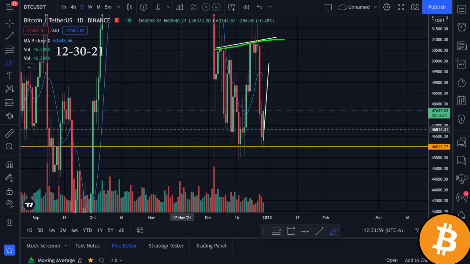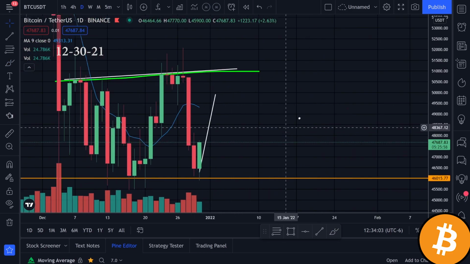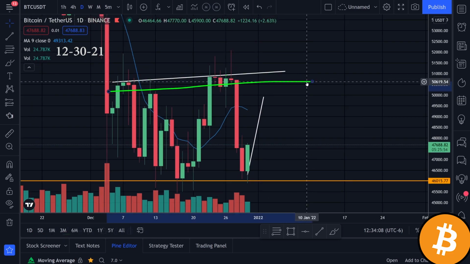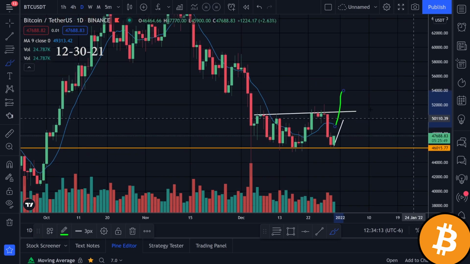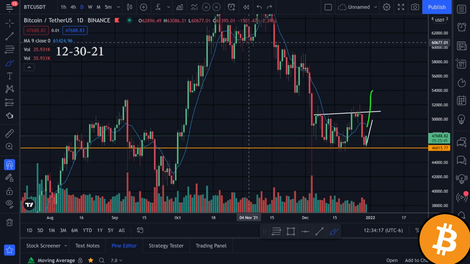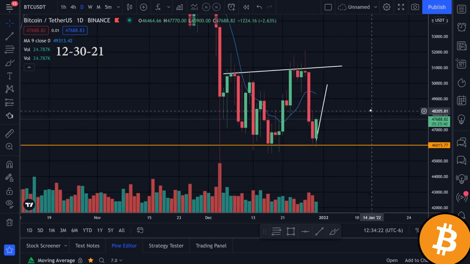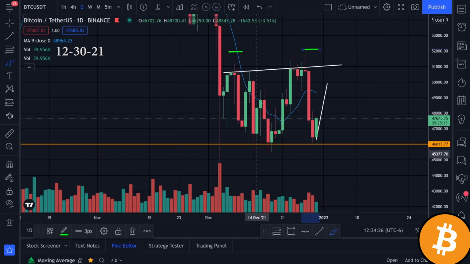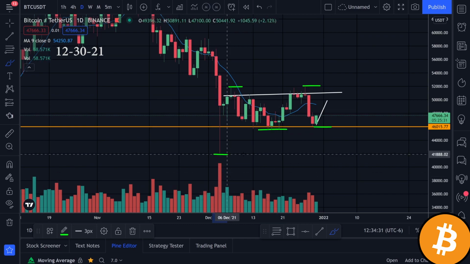Like I said, we came down, hit my limit order. Now I'm curious how far we're going to go up and if we're going to be able to break through and make a W pattern and then actually start to retest some of these previous resistance areas. I think the other cool thing I wanted to show you real quick is if we zoom in a little bit, we have a high right here, and then a high right here, and then we have a low right here, a low right here, and then a low right here.